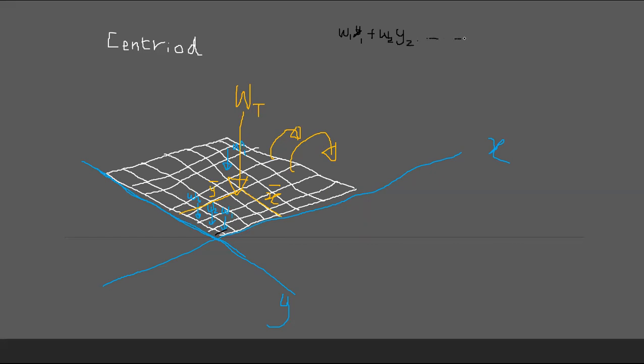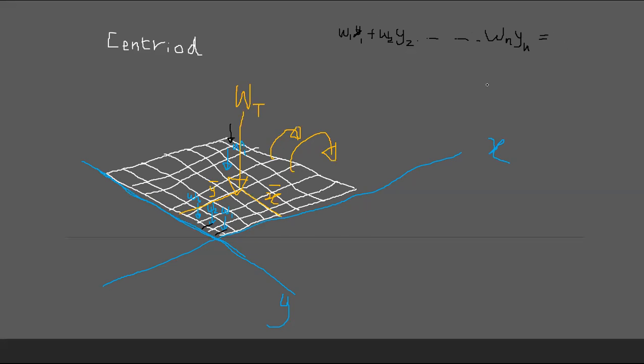Let's say you have n number of elements, right? This will be n, okay? So for Wn, you will have yn distance. Sometimes x1 and x2 might be the same, okay? Doesn't matter, we need an expression, okay?